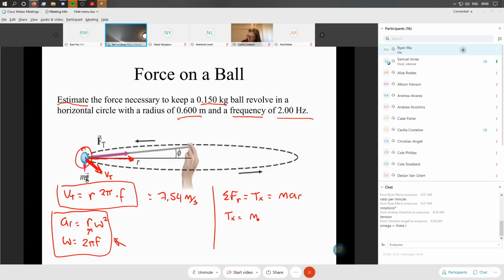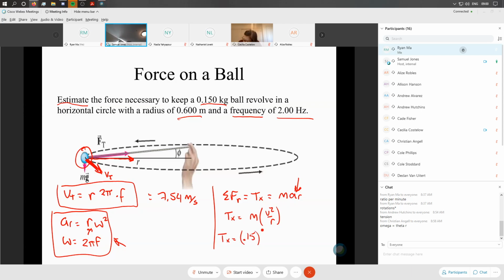What's my acceleration? In the r direction, it's going to be v squared over r. How come I could get away with doing that? It's because it's going in a circle. If I know that the problem is going in a circle, then I know that the acceleration I have here is v squared over r. And so then that gives me my tension is equal to 0.15 kilograms.